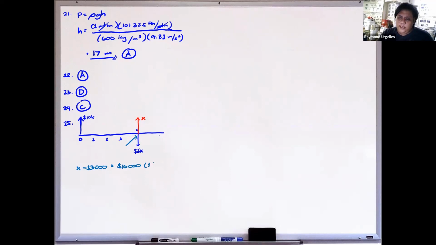So this is 1 plus, what is the I given to us? We have 6% interest, and we can assume this is annual. So we have 0.06, raised to 4.